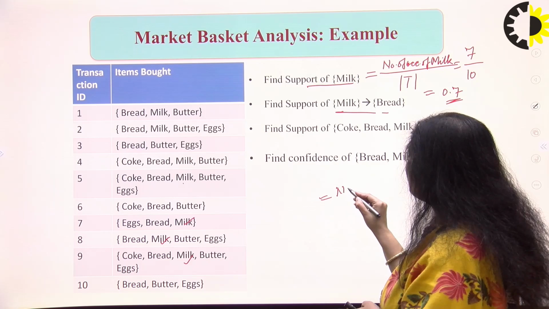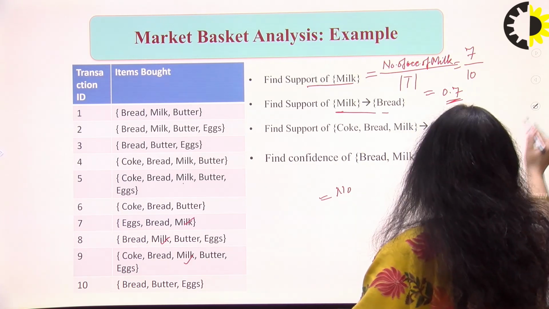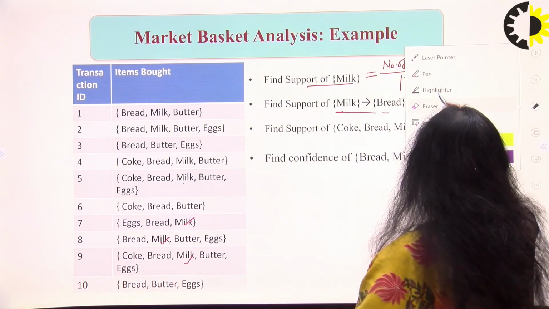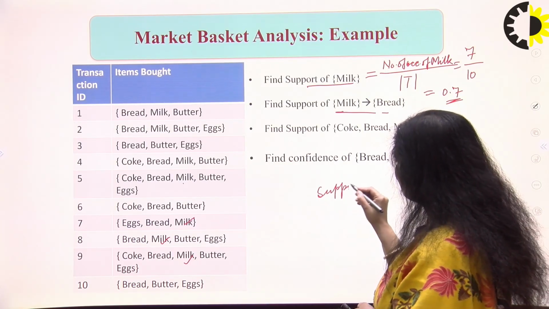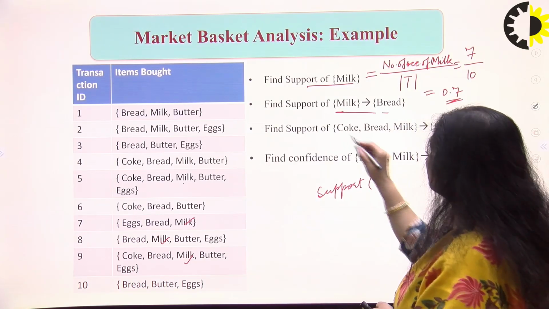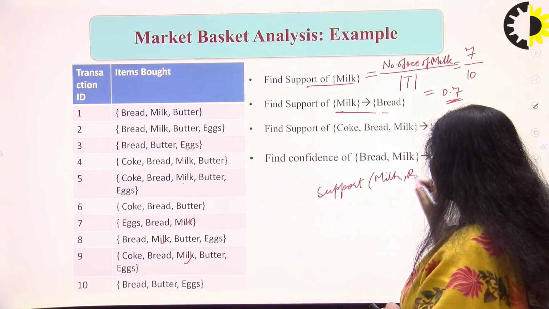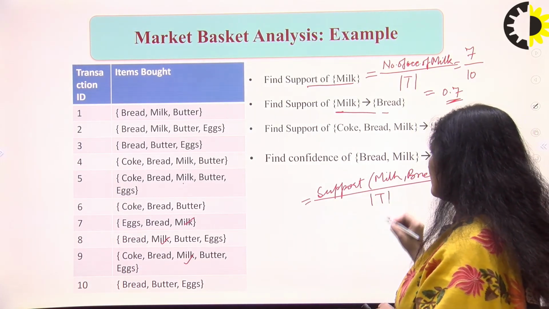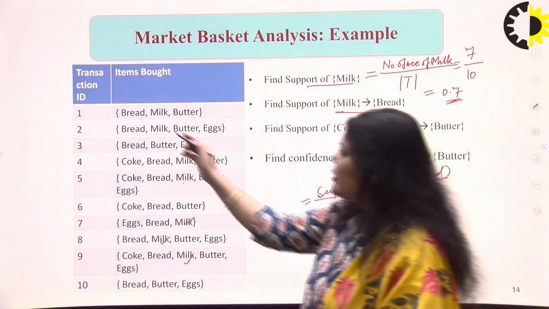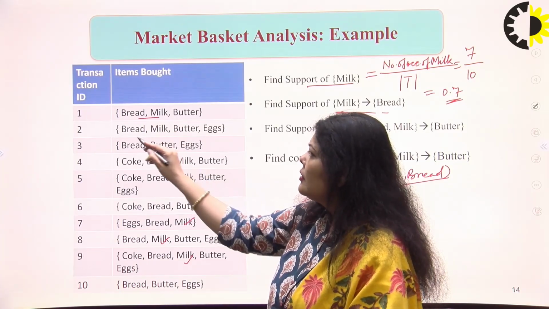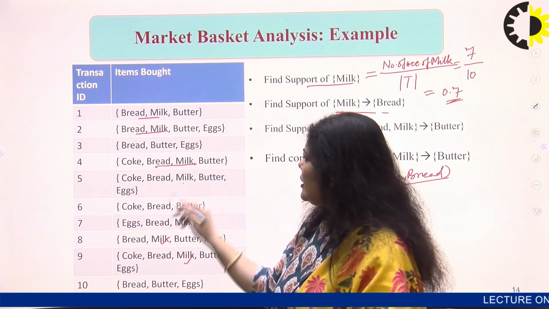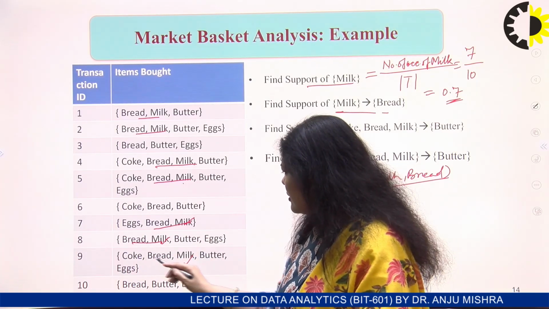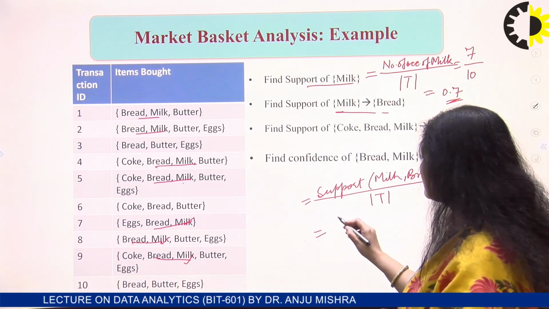We are finding the support of item X and Y together, where here X is milk and bread, and we divide it by the total number of transactions T. So for the support of milk and bread, we find it from here: milk bread 1, milk bread 2, milk and bread 3, bread and milk 4, milk and bread 5, 6 and 7. So we again have 7 occurrences.